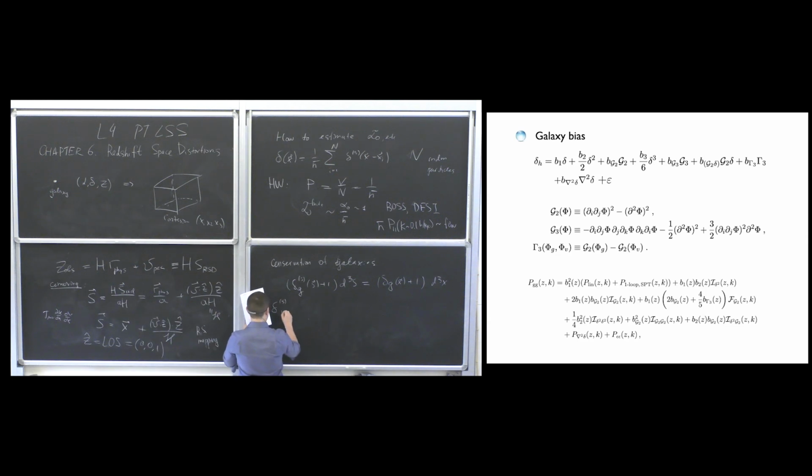So in other words, after some simple algebra and games with the integrals, we're going to arrive at an expression that will look like this: e to the minus ikx minus ikz vz of x over curly H, minus 1, times 1 plus delta galaxies of x.